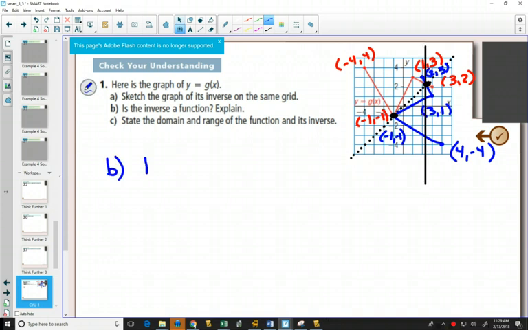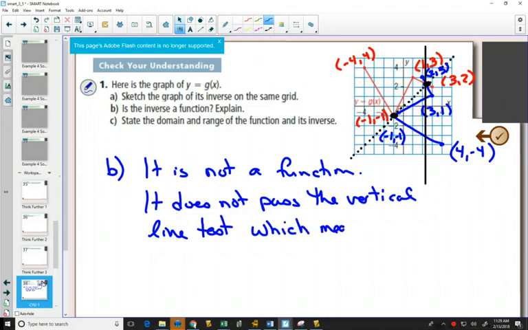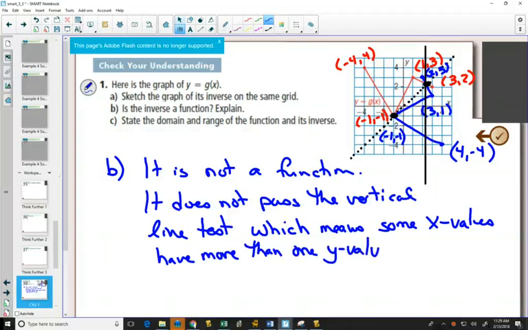So for B, it is not a function. Now, as part of an explanation, we can say it does not pass the vertical line test, which means some x values have more than one y value.